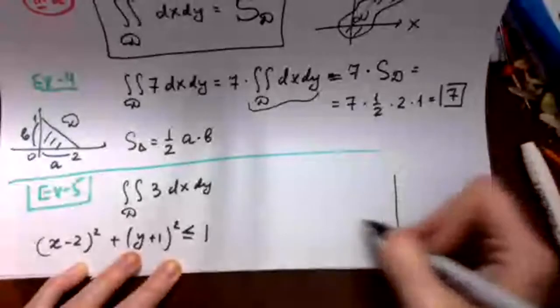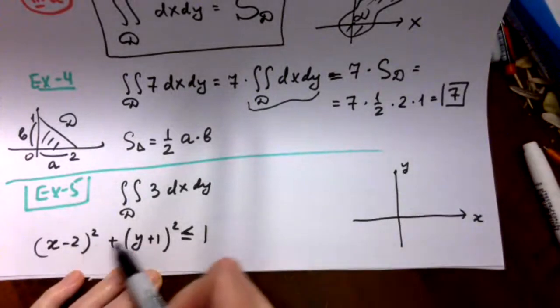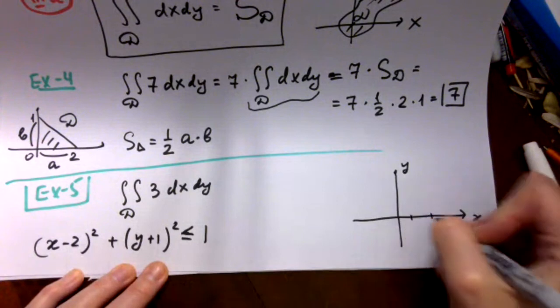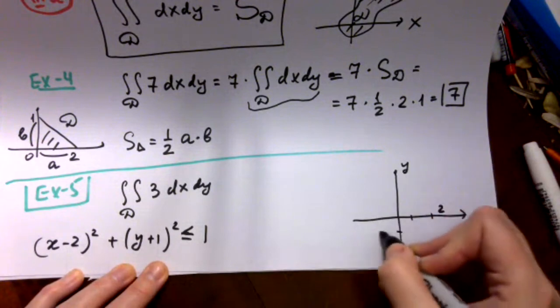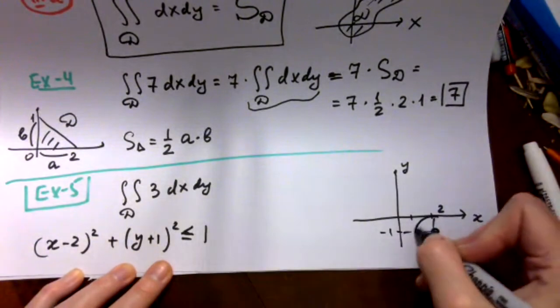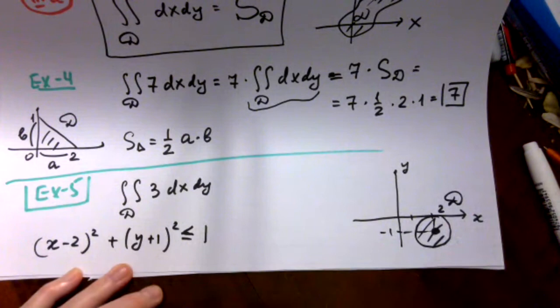I think that we can know this region. Maybe you recognize that this is just a circle, and the center of the circle is the point with coordinates 2, -1. So x is 2 and y is -1. So this is the center of the circle and the radius is 1. So our circle looks like this, and the region is everything inside this circle.